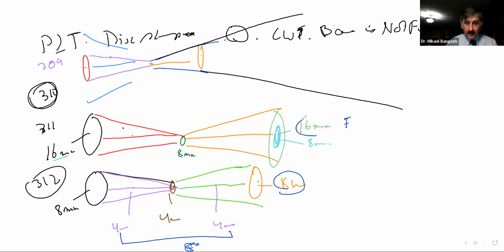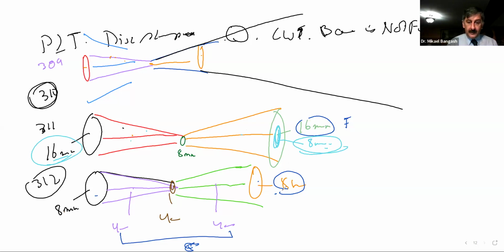There they asked whether that would be the diameter of the beam at a depth twice the focal depth if we had a PCT of 16 millimeters, and that was false.